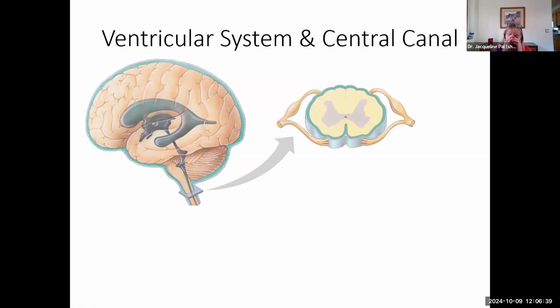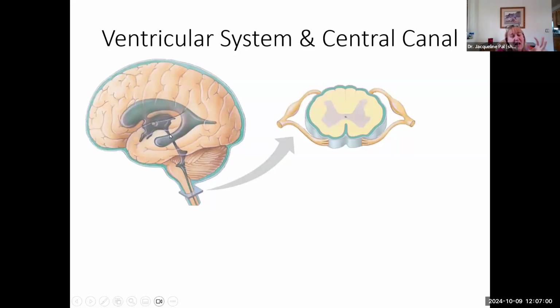All right. So, did you know that our brains aren't solid tissue, that they actually have spaces in them that are fluid filled? And those spaces inside our brain form what we call the ventricular system. So if we look at this drawing on the left, where you have this thing that kind of looks like the Starship Enterprise with this duck beak or something in them, that's the drawing of the ventricular system.